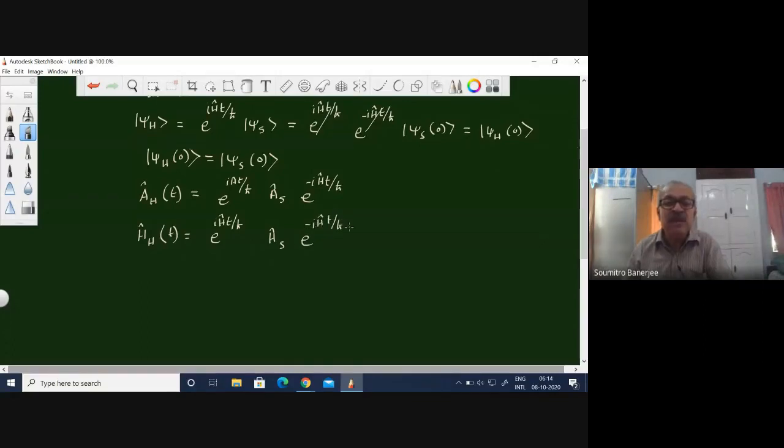Now, the Hamiltonian commutes with any function of the Hamiltonian, so these can be exchanged, and naturally they cancel off. It becomes equal to the Hamiltonian in the Schrodinger domain, which means the Hamiltonian does not change when you go from one picture to another. Other operators change if they do not commute with the Hamiltonian.